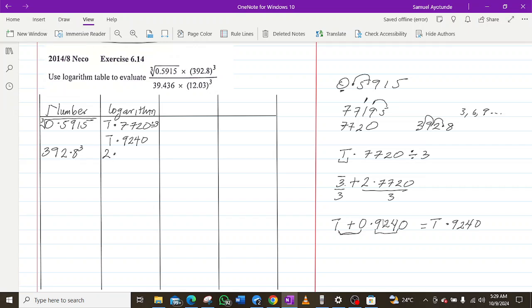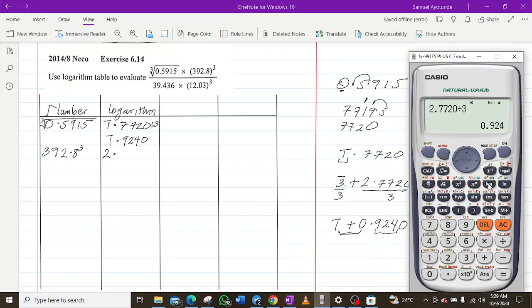Now we take the logarithm of 3928. Log 3928. So we only use the decimal of the figure to 4 decimal places. That will be 5941. We discard the 3 and use the decimal. So if we do that, we have 5941.